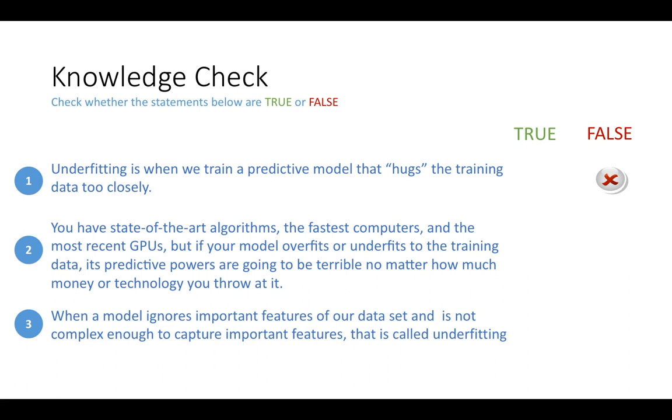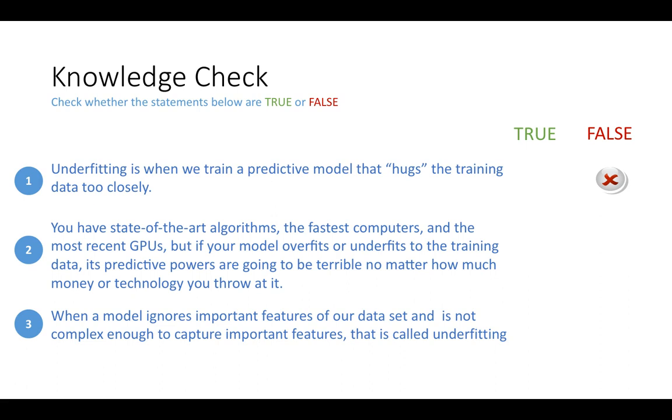If you underfit, it means you are not even capturing the relationship. The second statement: you have state-of-the-art algorithms, the fastest computers, and the most recent GPUs. But if your model overfits or underfits the training data, its predictive power is going to be terrible, no matter how much money or technology you throw at it.